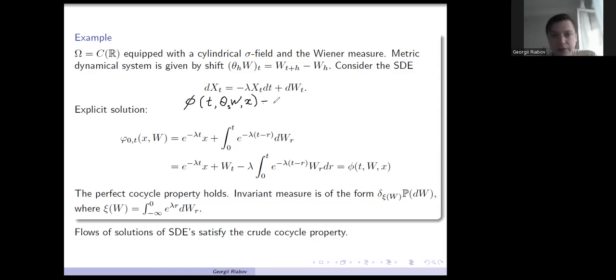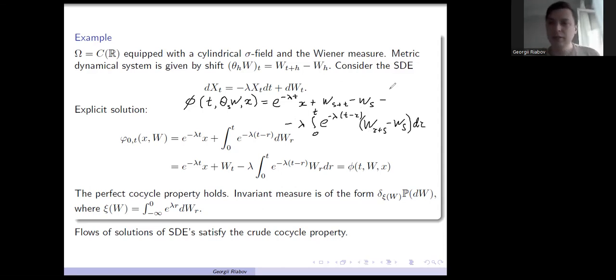So this is e^(-lambda t) x plus the increment W_(s+t) minus W_s, and minus lambda times the integral from 0 to t of e^(-lambda(t-r)), and here we have the shifted Brownian motion, so W_(r+s) minus W_s, dr.